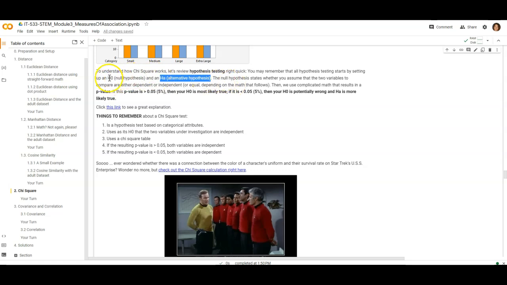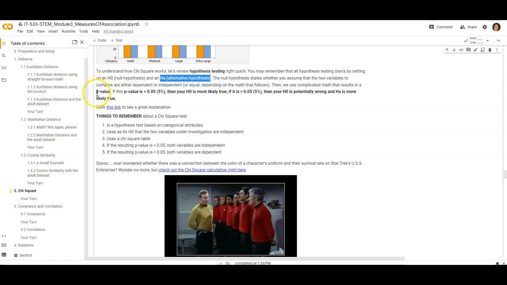The null hypothesis starts by assuming that the two variables you're comparing are either dependent or independent or equal, depending on what math follows. For chi-square, the H-null is always that the two attributes that we're comparing are independent, as in not related to one another. The alternative hypothesis would then be that the two attributes that we're comparing are in fact dependent or related to one another. How can we determine the difference?